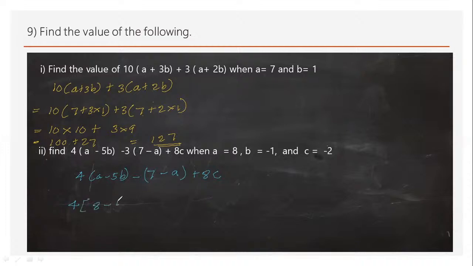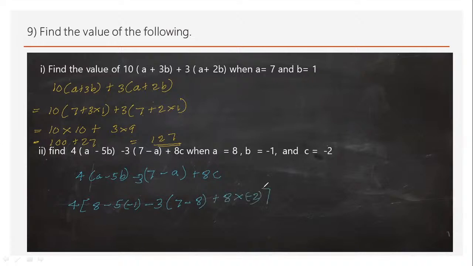Minus 5 times b, also here minus 1. Minus 3 bracket, 7 minus a, which is 8, plus 8 times minus 2.